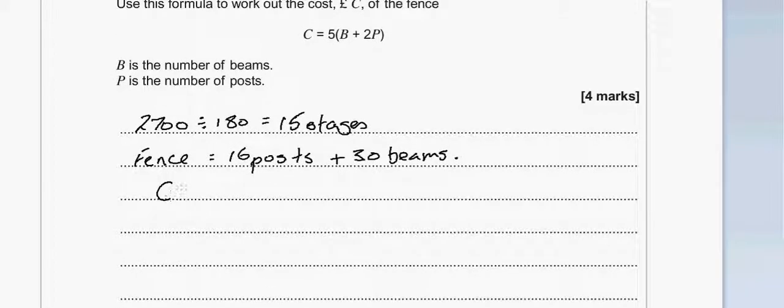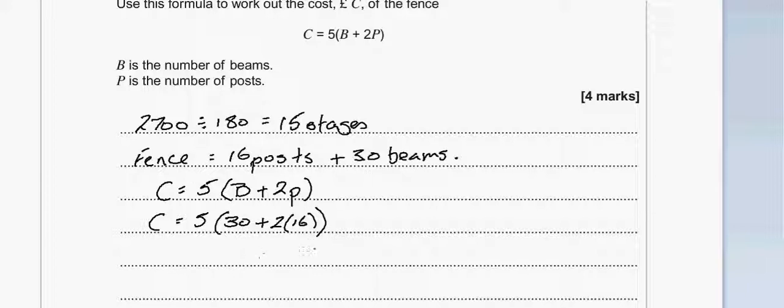So if C equals 5 multiplied by B plus 2P, we can then say that the cost is 5 times, now the number of beams is 30, plus 2 lots of 16. So if I just write this down, you could just go ahead and do it.